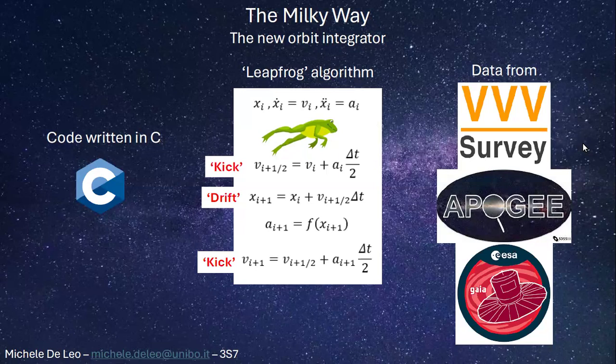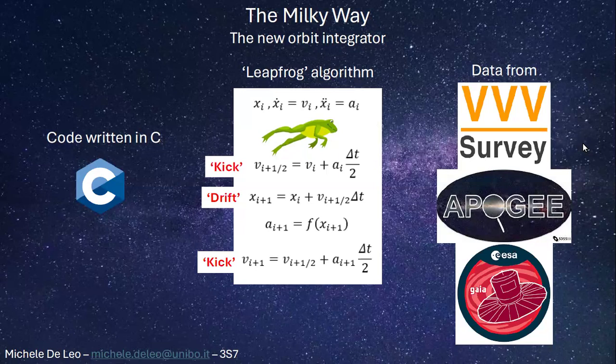And also, as you were seeing in the slides before, it conserves the principal conserved quantities. Like if I don't add the bar to the potential, it conserves the energy and the angular momentum. And if I do add the bar, it conserves the Jacobi integral.